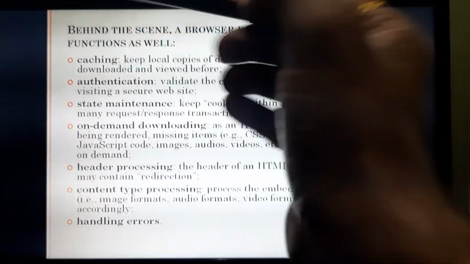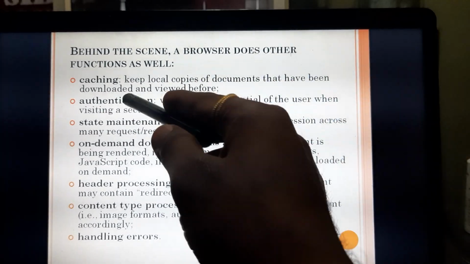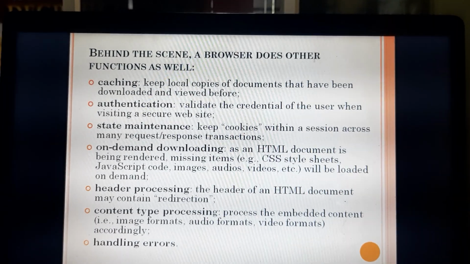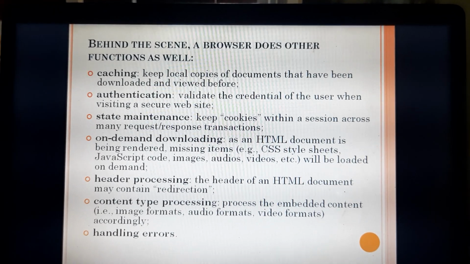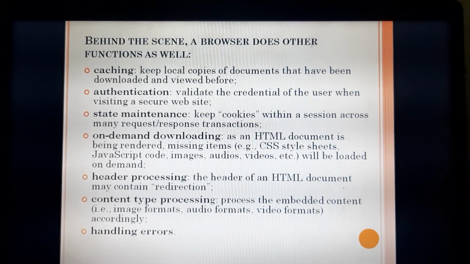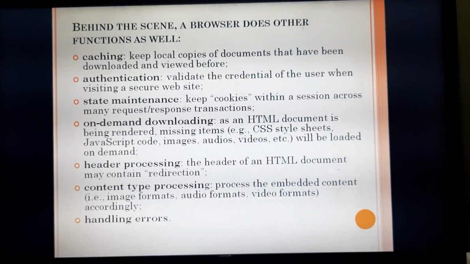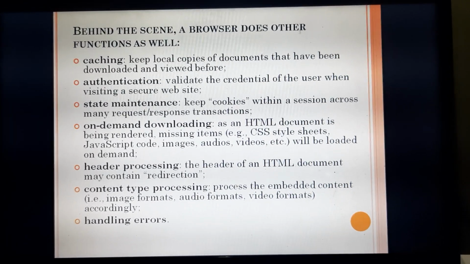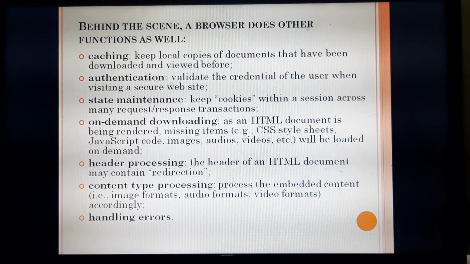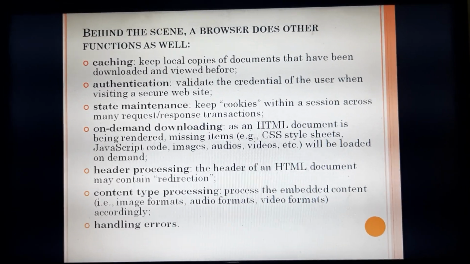That is caching: keeping local copies of documents that have been downloaded and viewed before. Recently viewed documents and downloaded copies are kept in cache so that easy retrieval and fast access are possible. So I can see how many documents have recently been downloaded and what web pages have been viewed before me.